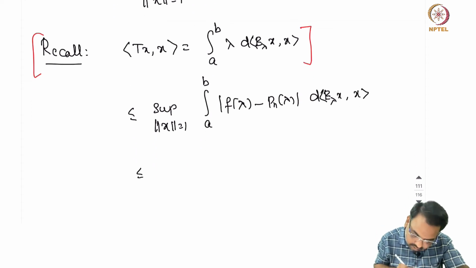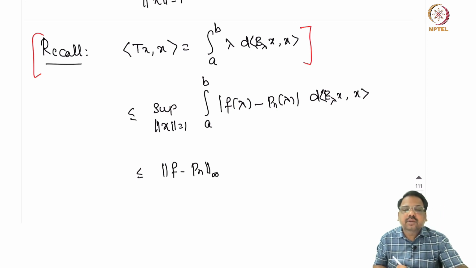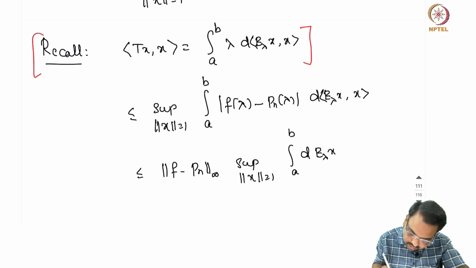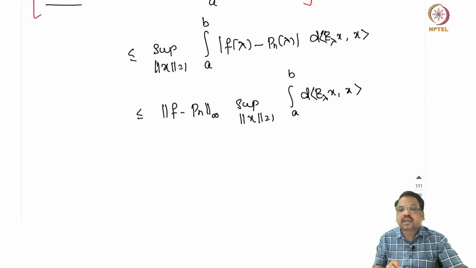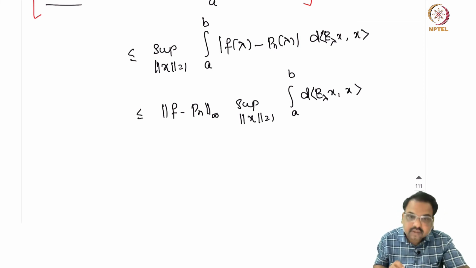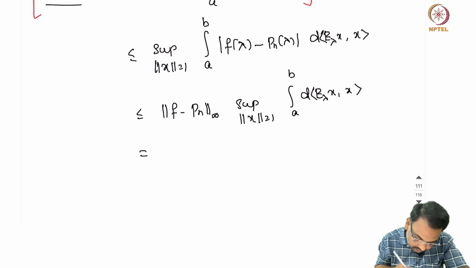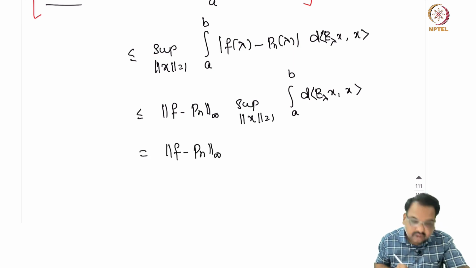This is less than or equal to the sup norm of f minus Pn multiplied by the supremum over norm x equal to 1 of the integral a to b of d inner product e lambda x with x. But this is nothing but the identity operator, so you get the supremum over norm x equal to 1 of inner product x with x, that is norm x squared. So on the right hand side you will get 1, and this is the sup norm of f minus Pn.